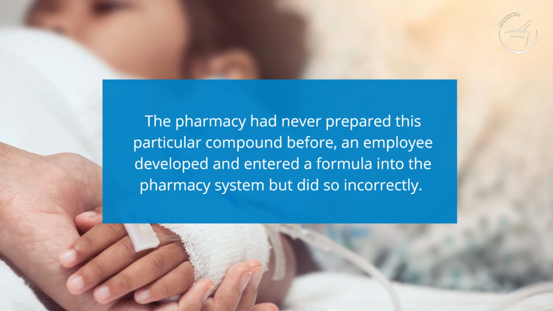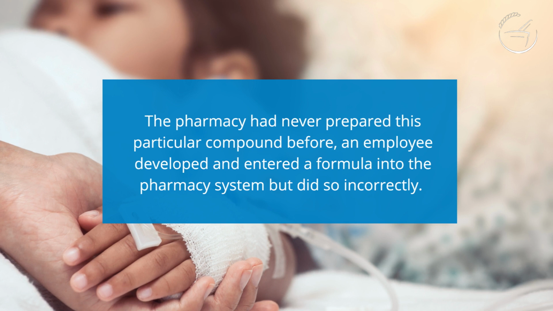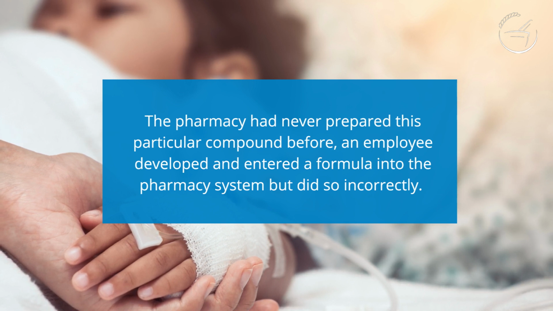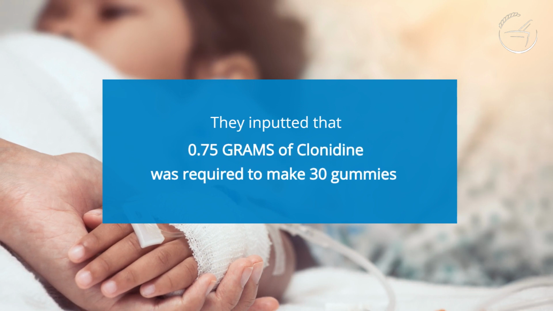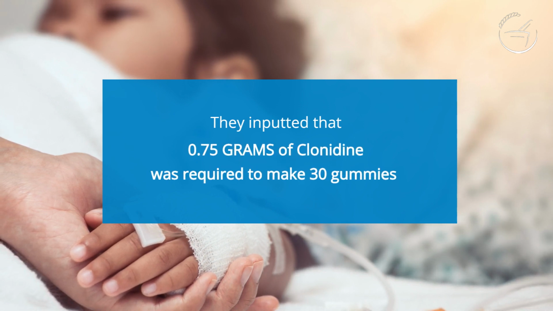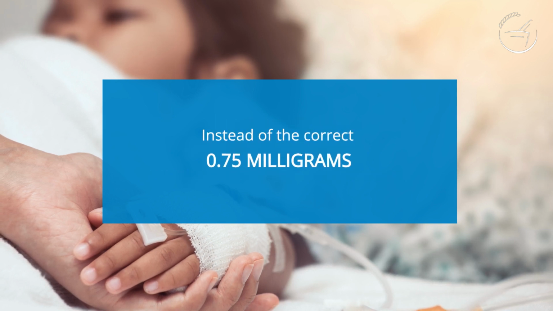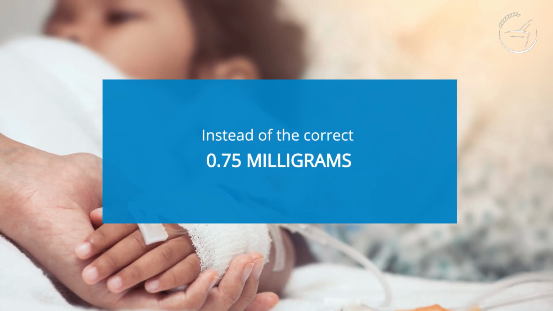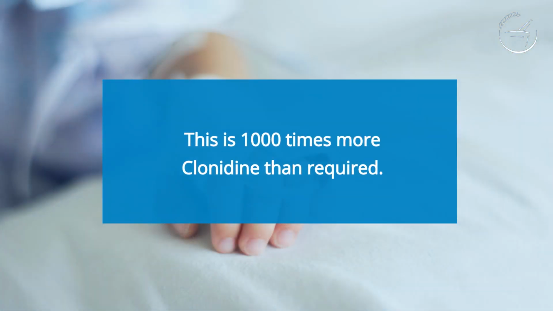The pharmacy had never prepared this particular compound before, so an employee developed and entered a formula into the pharmacy system, but did so incorrectly, and inputted that 0.75 grams of clonidine was required to make 30 gummies instead of the correct 0.75 milligrams. This is 1,000 times more clonidine than required.